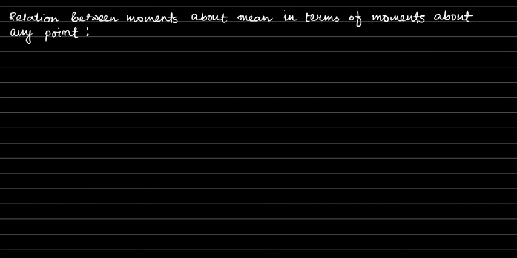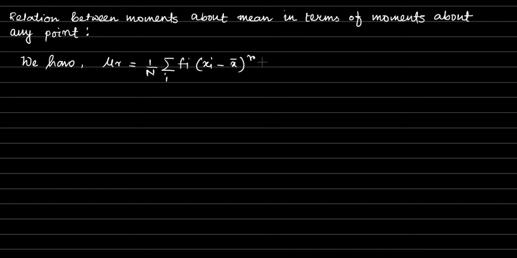So what we have just discussed, we have mu r. What is mu r? 1 by N summation over i f_i into (x_i minus x bar) whole to the power r.